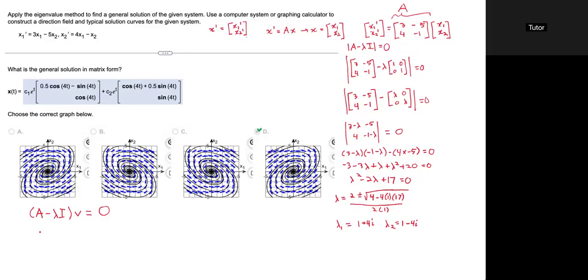So A minus lambda 1 times the identity matrix will be equal to 3, -5, 4, -1, minus lambda, which is 1 plus 4i, times the identity matrix, which is 1, 0, 0, 1. And then all this multiplied by v should give us 0.